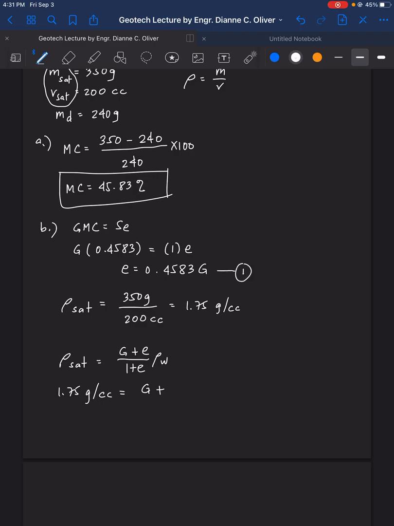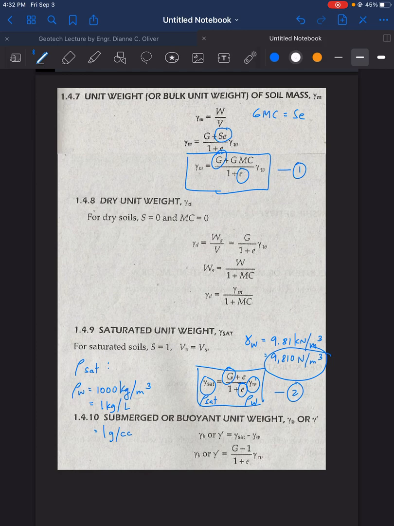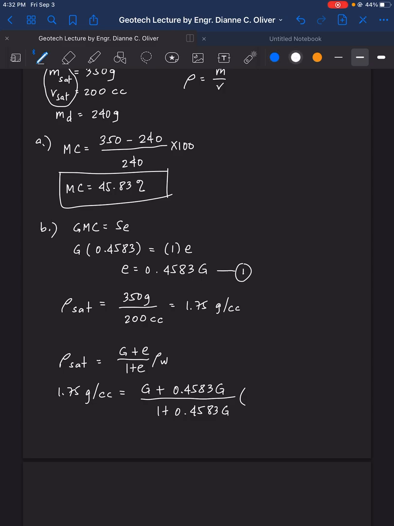E is 0.4583 G over 1 plus 0.4583 G. And rho of water in gram per cc is 1 gram per cc.